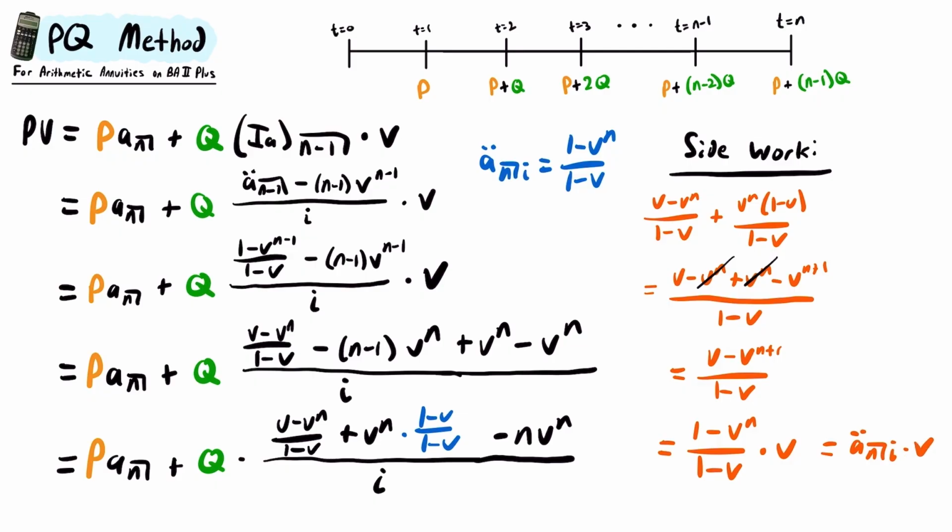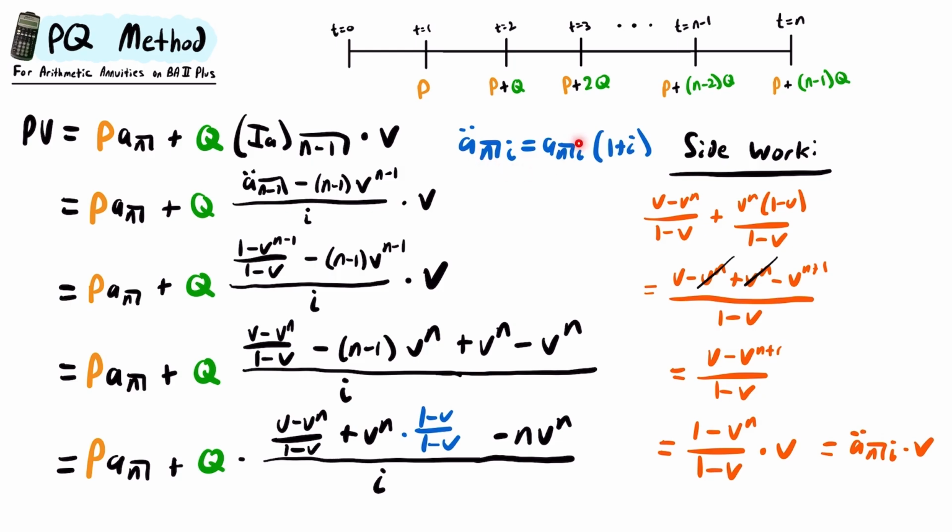And here's what's interesting about that. By definition, the present value of an annuity due multiplied by a present value factor is equal to the present value of an annuity immediate. Okay, remember, a double dot n bracket i is equal to a n bracket i times 1 plus i. So you take the present value of an annuity immediate and bring it forward one period, and you get the present value of an annuity due.